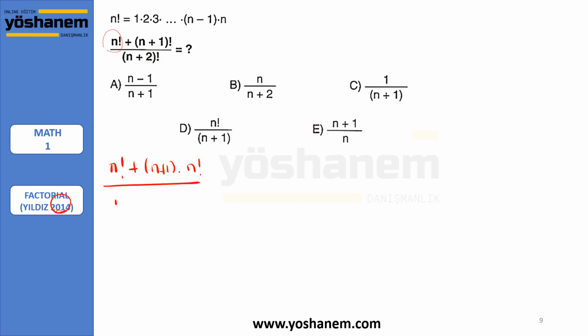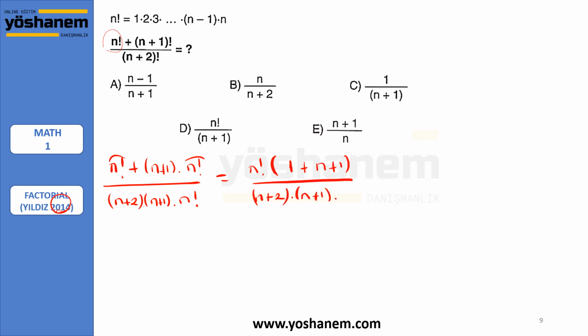over n plus 2. 1 less than n plus 2 is n plus 1 and 1 less than n plus 1 is n factorial. So I can factor out n factorial. It's gonna be 1 plus n plus 1 over n plus 2 times n plus 1 times n factorial.